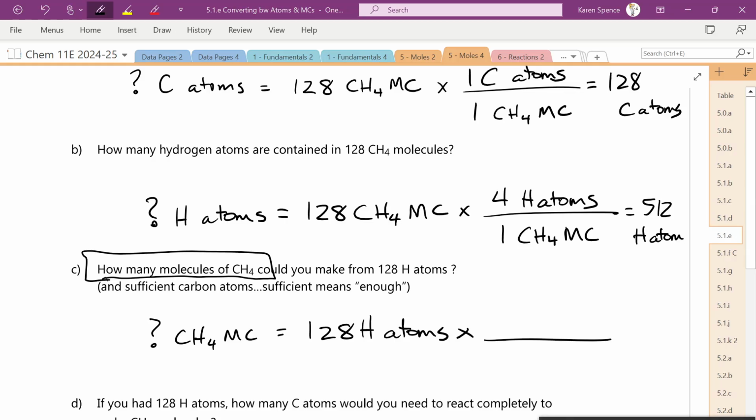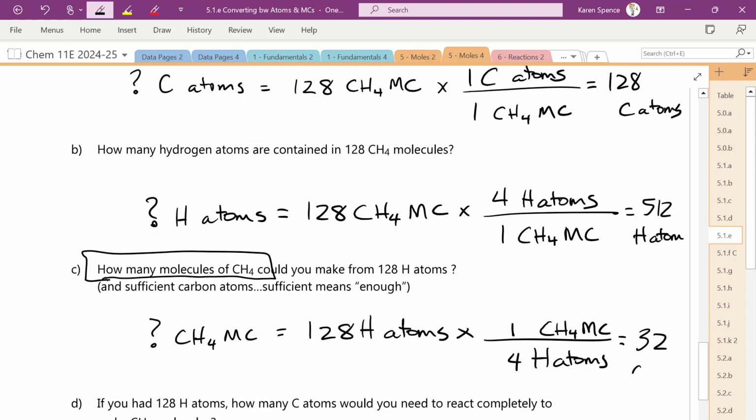And we need to cancel hydrogen atoms, and we need to find CH4 molecules, and it's a 1 to 4, and that is equal to 32 CH4 molecules. Is this becoming pretty straightforward?